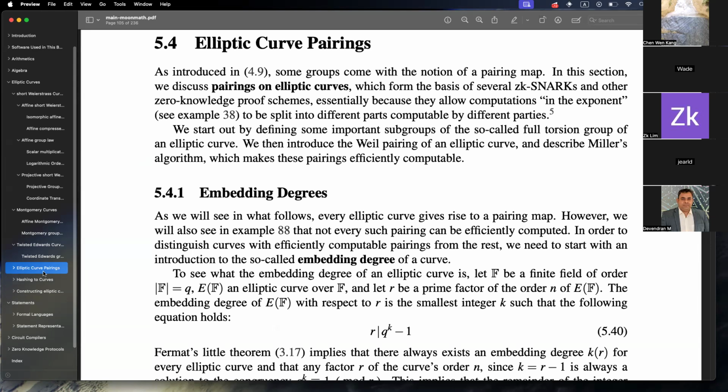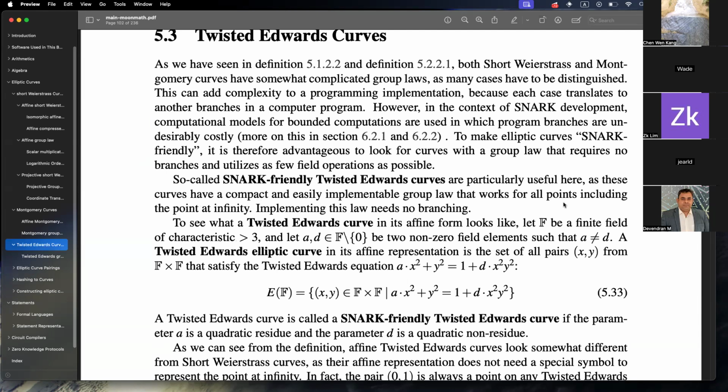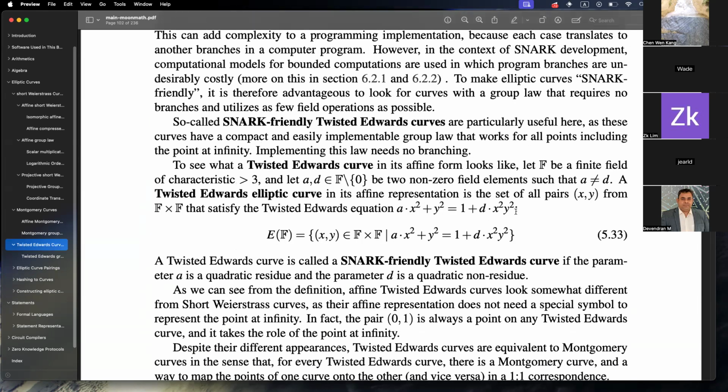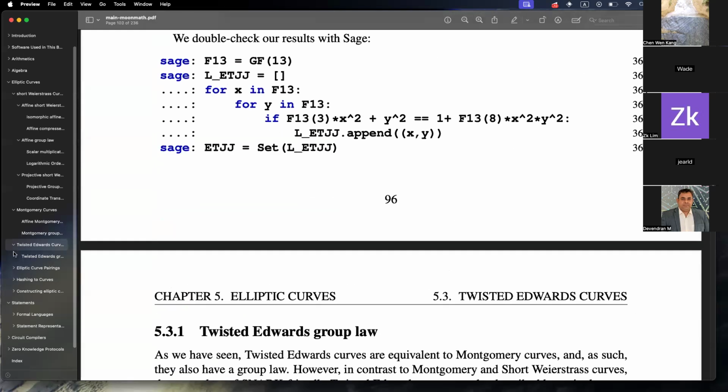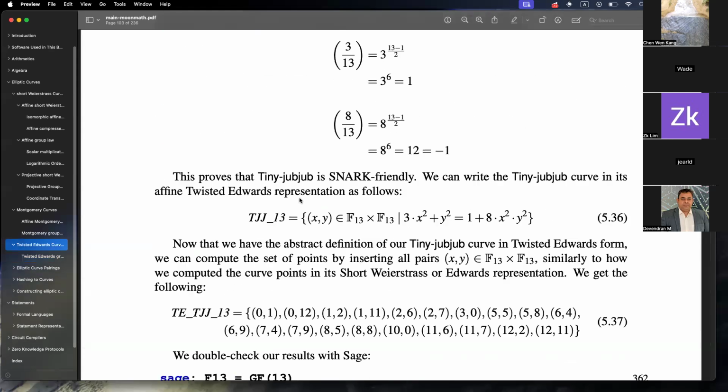Okay, we have one question. How to transform the two curves into twisted Edwards form? I would say it's very much dependent on the parameters you choose. In this case, it's A and D. In the Weierstrass curve case, it's A and B. I think in Montgomery curves, it's also A and B. I'm not sure if they actually talk about it here.